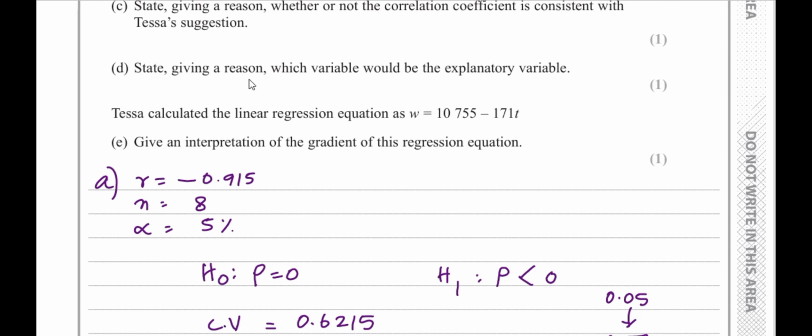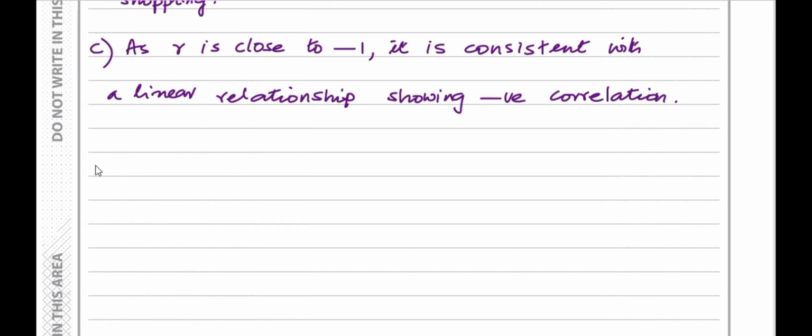Part D. State, giving a reason, which variable would be the explanatory variable. In regression analysis, the variable which affects another variable is called the explanatory variable. And the variable that gets affected is called the response variable. Here the weekly average temperature affects the sales, and therefore temperature is the explanatory variable.